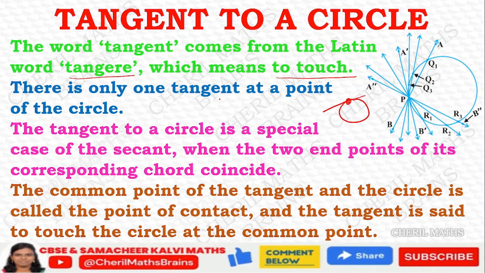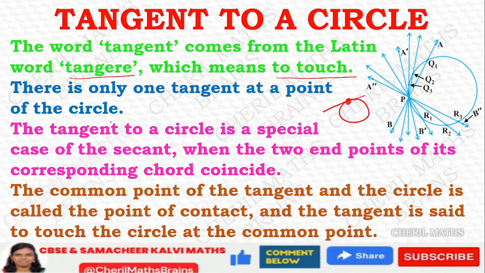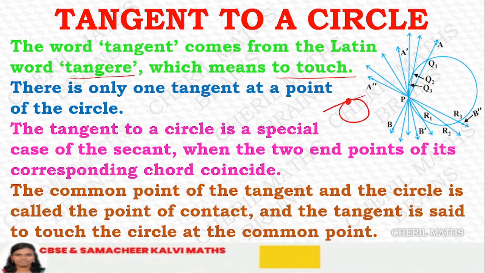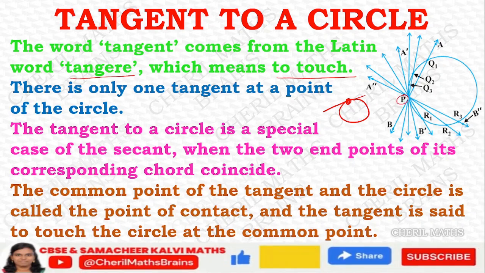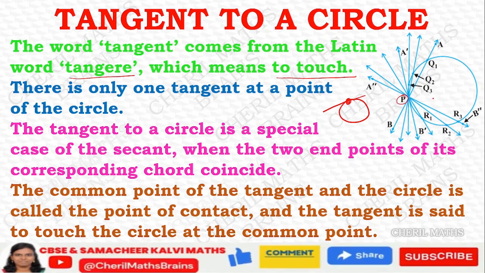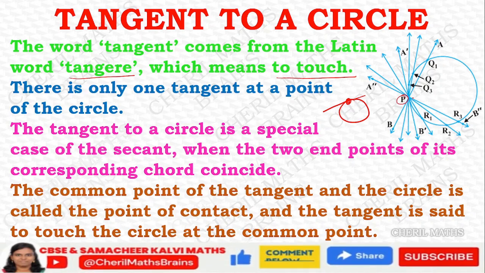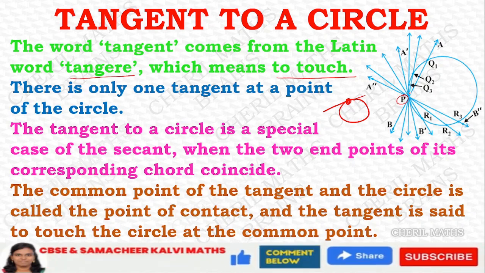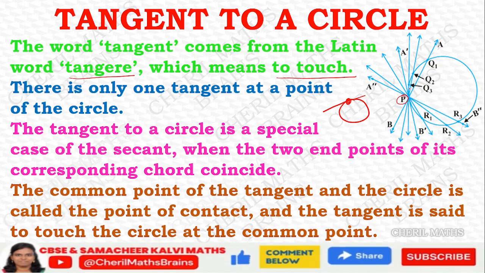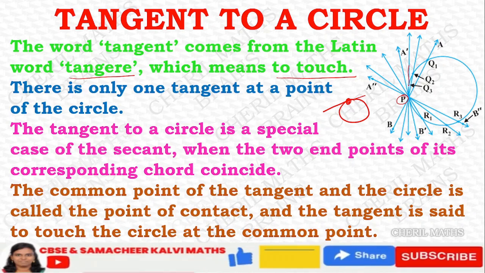There is only one tangent at a point of the circle. So, you can see this picture. Here you can see that at a point P, they are trying to draw different lines. All the lines cannot be called a tangent. Only one particular line is going to touch. Okay, so you can see this particular line.